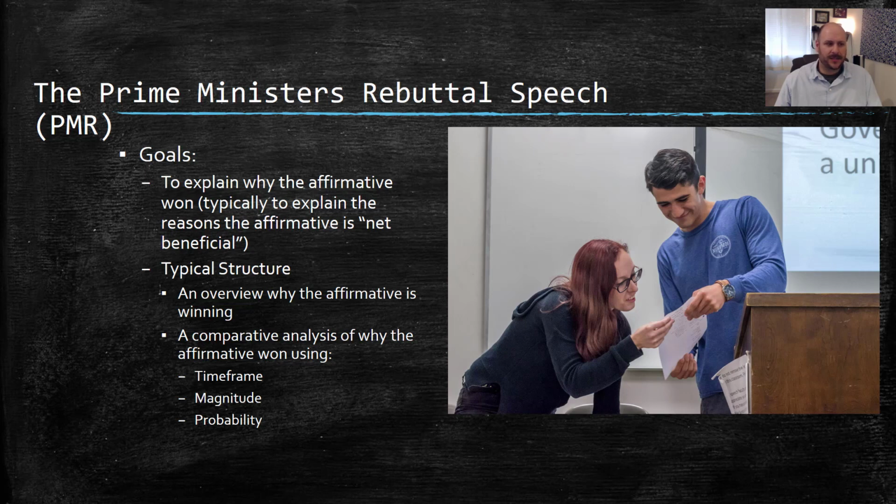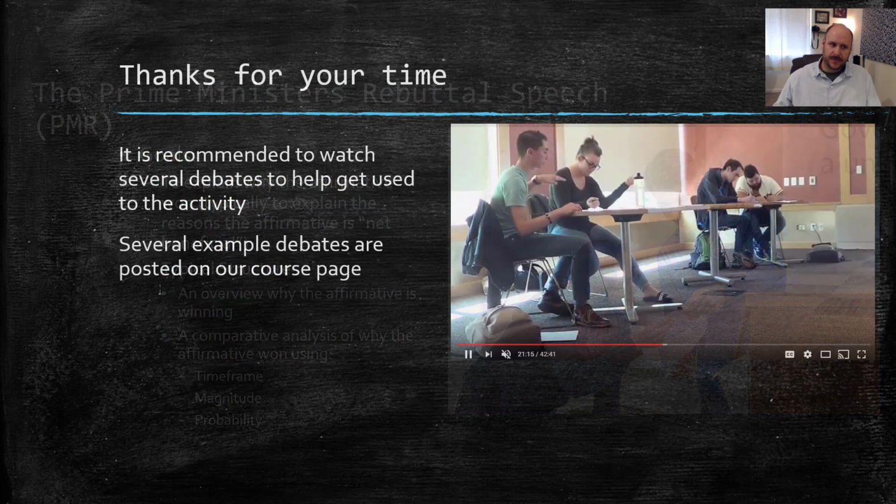Then go on to prove that, responding to any new arguments presented in the MOC and LOR speeches, and finally wrap up the speech with some weighing of the impacts, impact comparison, or, more advanced, some impact calculus, where you can explain why the impacts of the advantages are either more likely to happen first, will result in a shift of a larger magnitude, or ultimately are more likely to take place than the impacts of the negative.